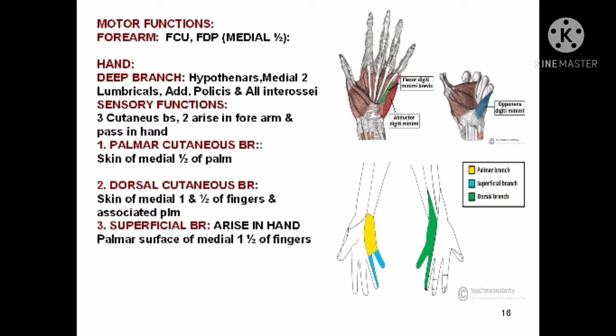The dorsal cutaneous branch, shown in green, supplies the skin of the medial 1.5 fingers and the associated area. The superficial branch arises in the hand and supplies the palmar surface of the medial 1.5 fingers.